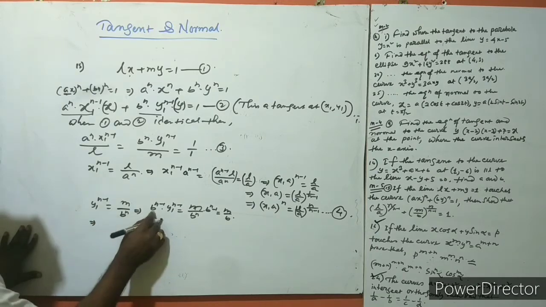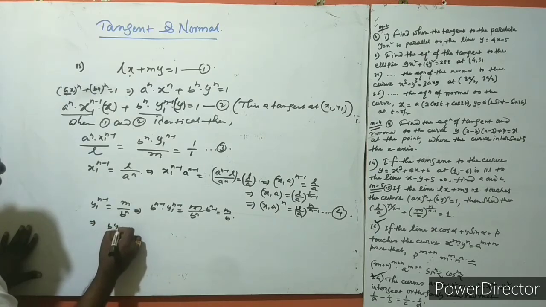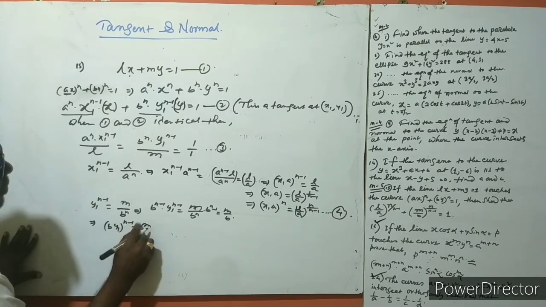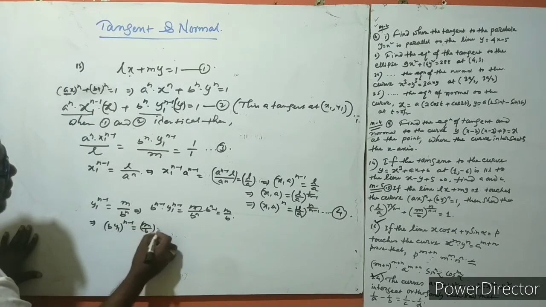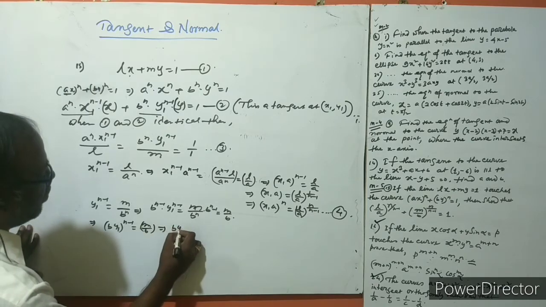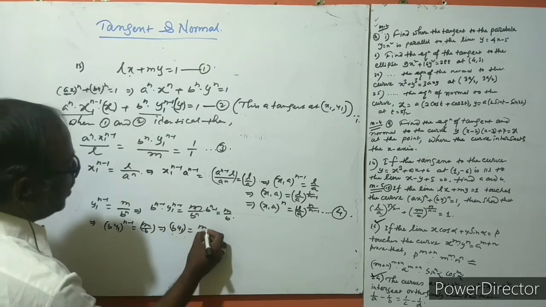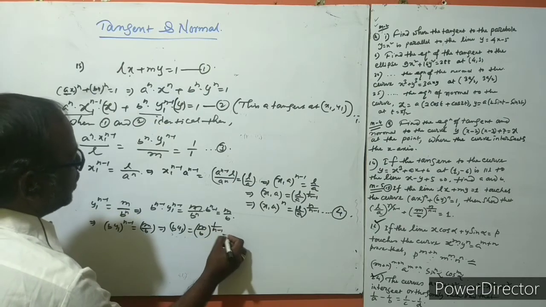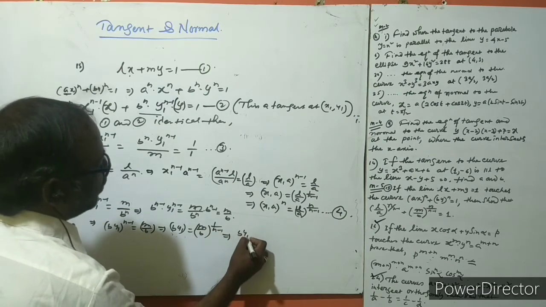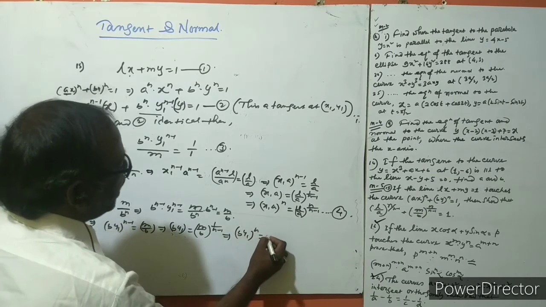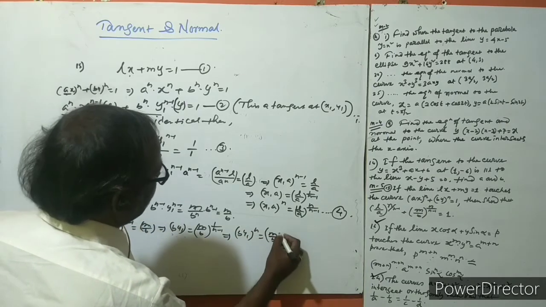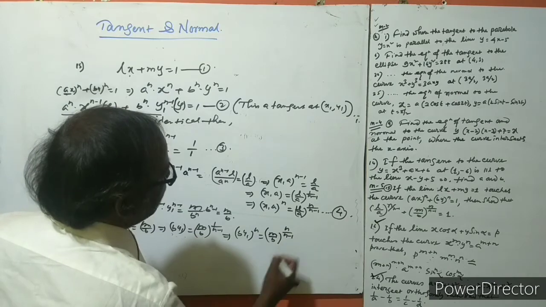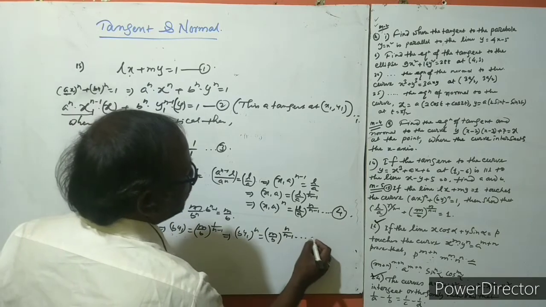Now both the powers are the same, so we can write b y1 to the power n minus 1 equal to m by b. So this implies that b y1 is equal to m by b whole to the power 1 by n minus 1. So b y1 to the power n is m by b whole to the power n by n minus 1. So this is equation number 5.